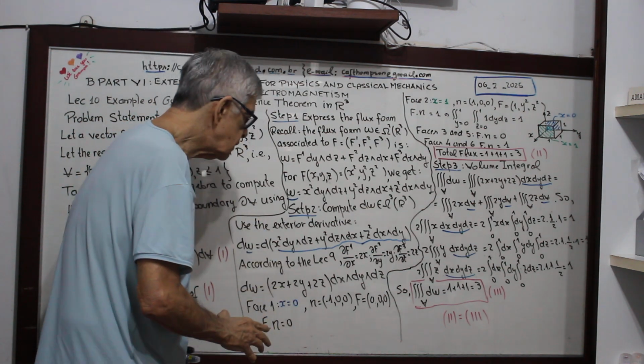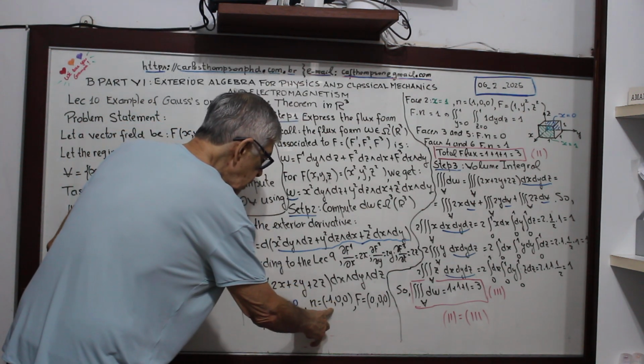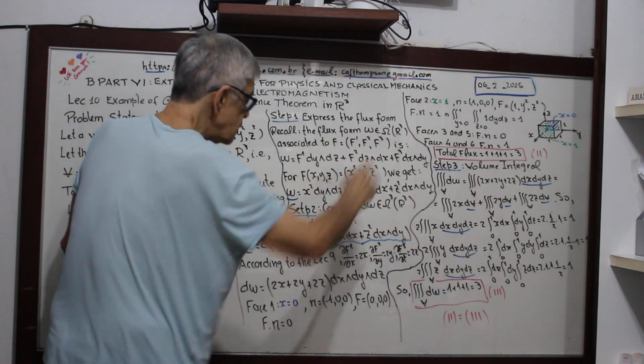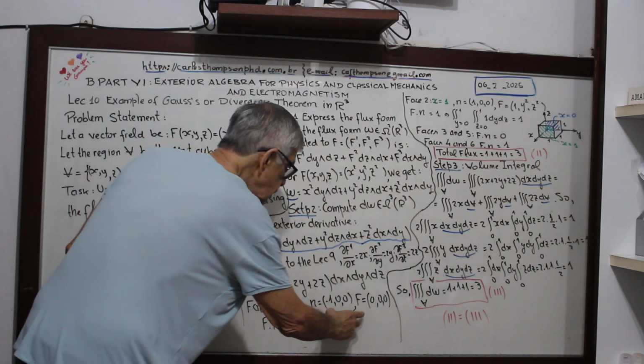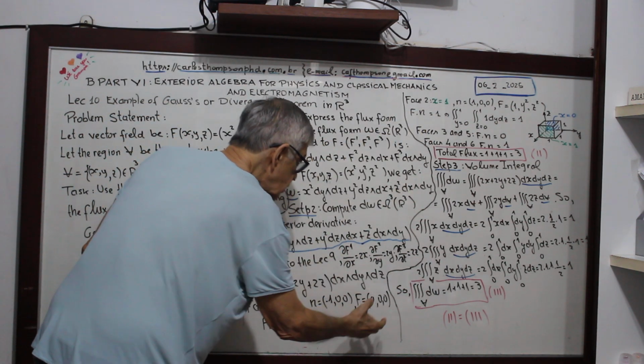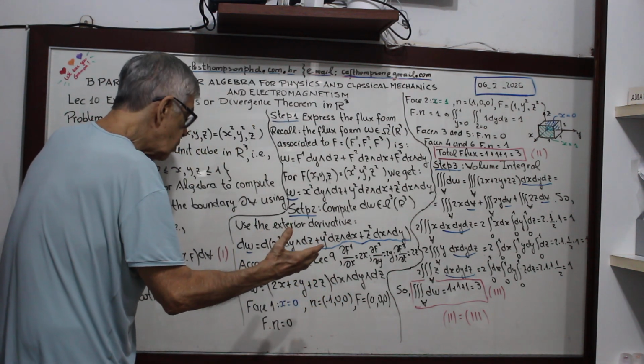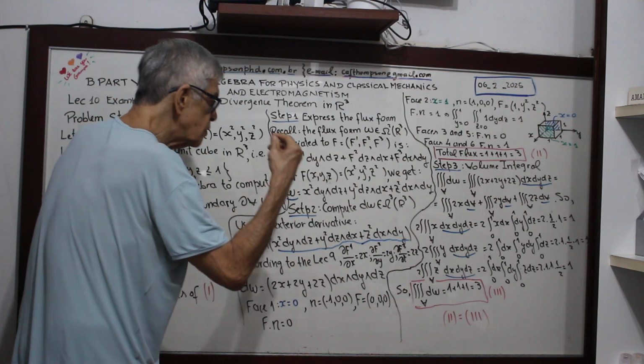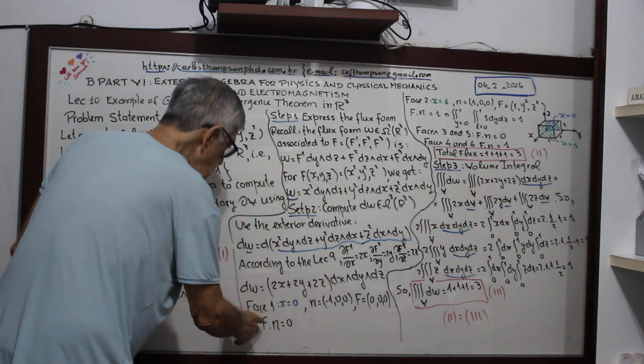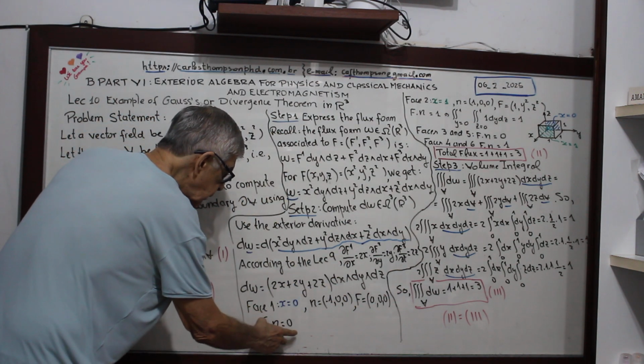So F is (0, 0, 0) in this case, and F dot n is 0.